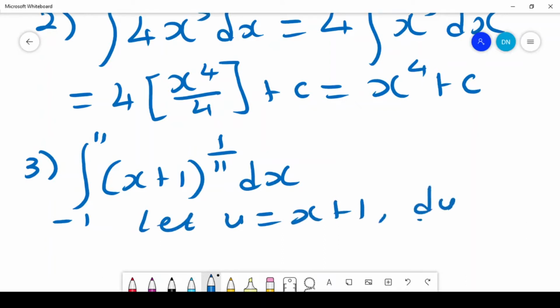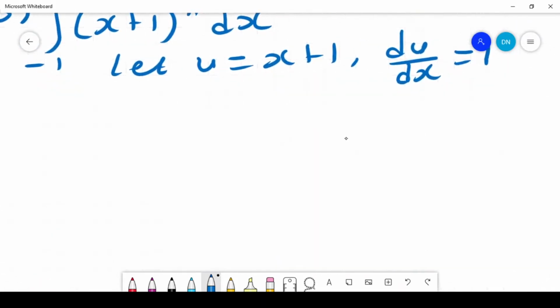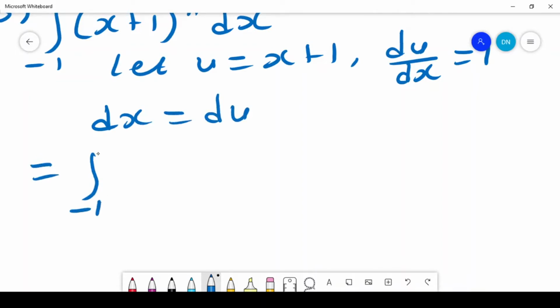Then du dx equals 1, so dx equals du. So I'll have the integral from negative 1 to 11 of u raised to the power 1 over 11 du.